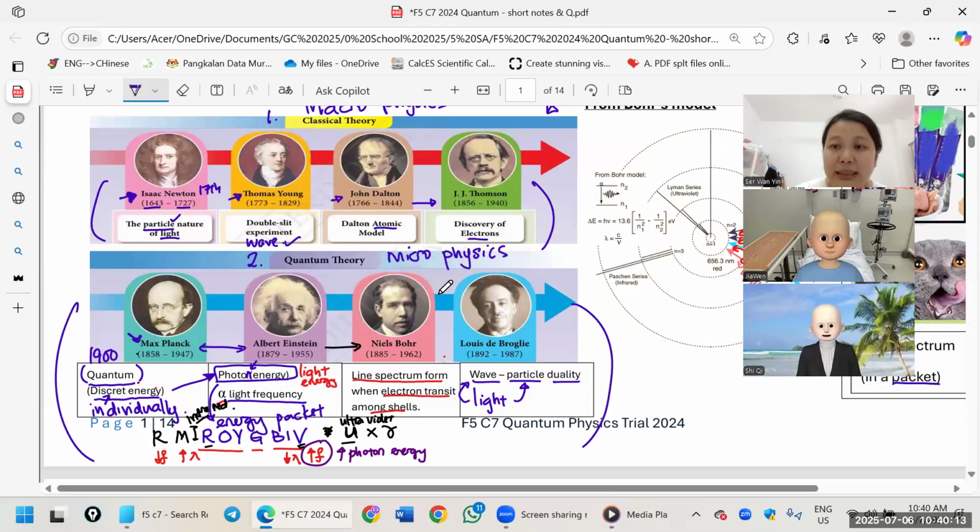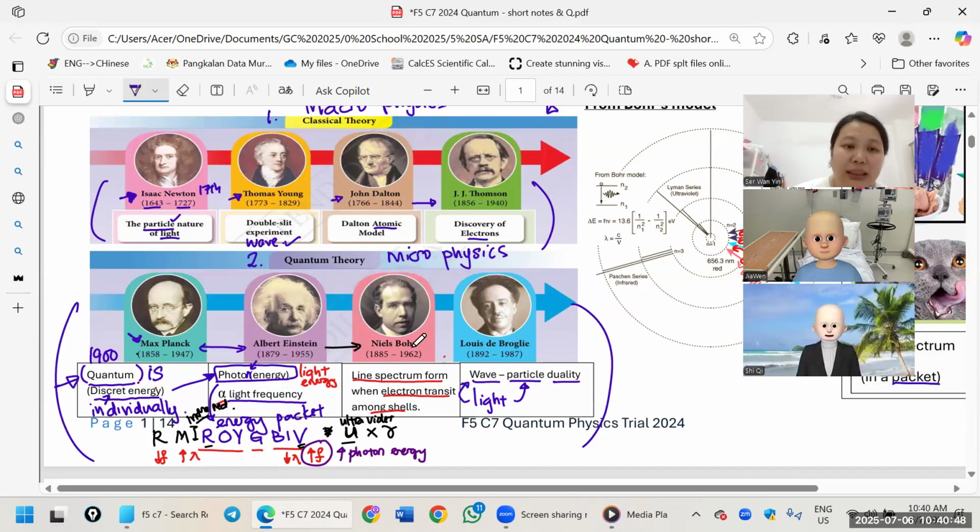What you need to memorize is the quantum history. In 1900, Max Planck discovered the phenomenon and named it quantum. Quantum means energy is discrete, so quantum is discrete energy.